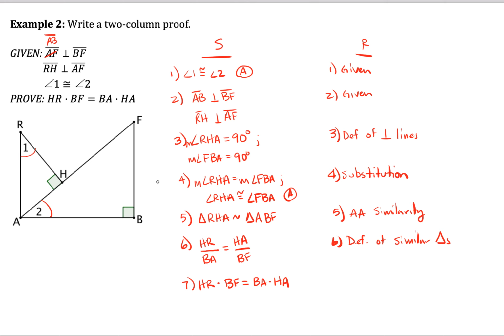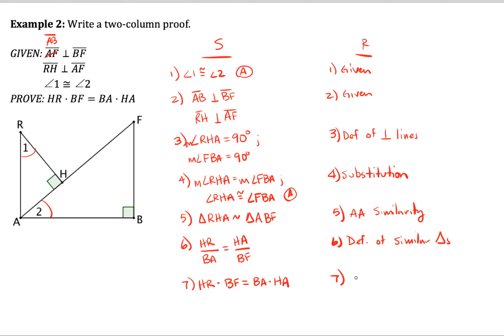And that is, of course, what we are trying to prove. So we just saw where it took us to say that these triangles were similar, and then we realized that that means that these ratios of corresponding sides would be equal, and then if I cross multiply with these ratios, I end up with the statement I'm trying to prove.